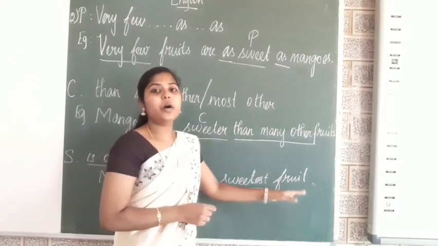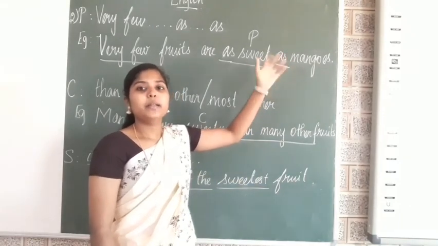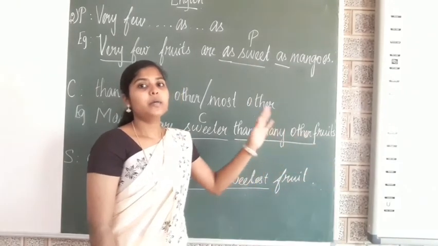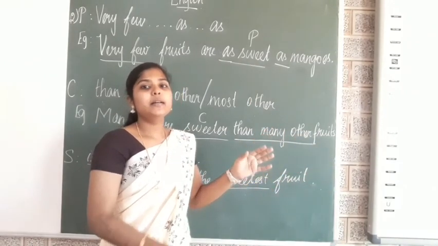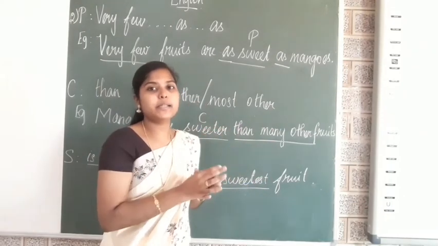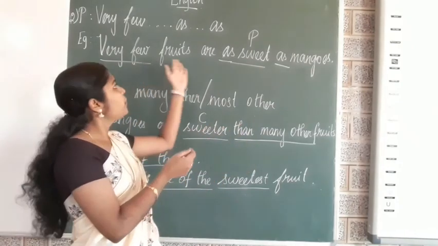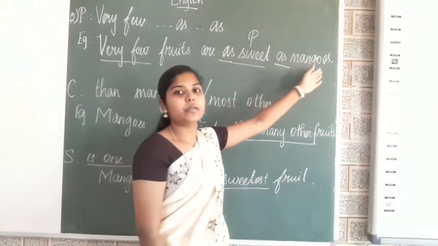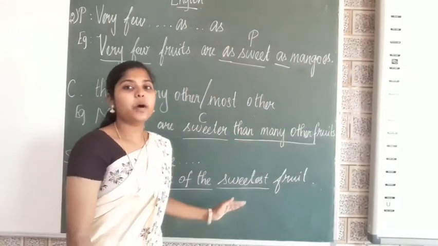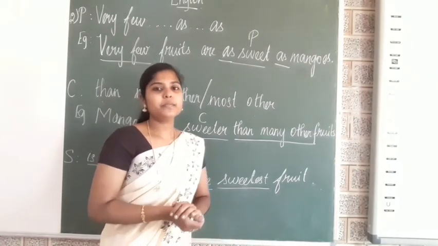But here we are not comparing this particular mango with the entire fruits. We are only taking the maximum level, not all the varieties of fruits. We are taking only a few. So, very few fruits are as sweet as mangoes. We are not taking it as a whole, and that's why the third rule should be followed.